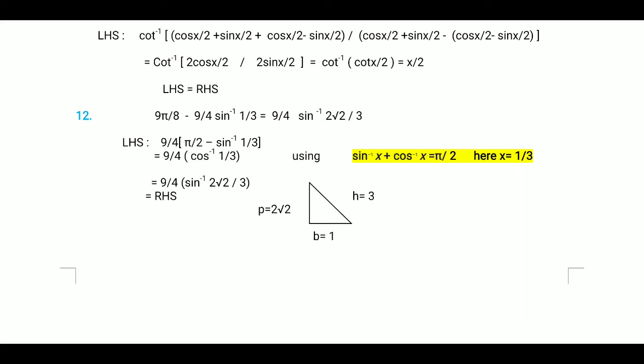So the perpendicular is 2 root 2. Now convert cos inverse to sin inverse, where sin inverse is perpendicular upon hypotenuse. So this becomes 9 by 4 sin inverse 2 root 2 upon 3. That is the right hand side. So it is proved.